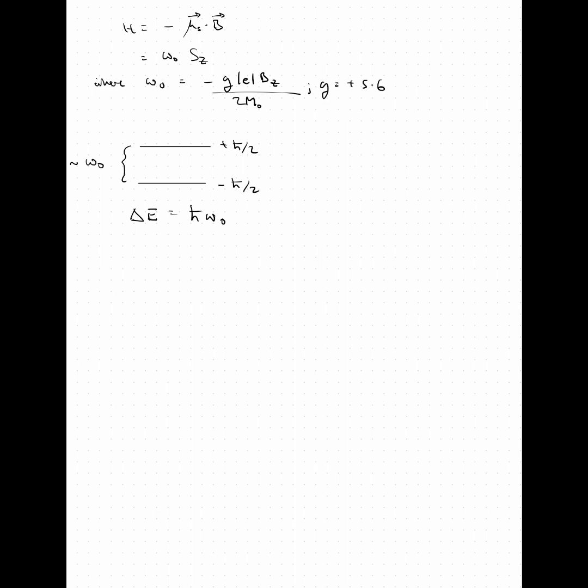And an experiment that takes advantage of this spin splitting is one that has some light with energy h bar omega naught incident on some distribution of protons.